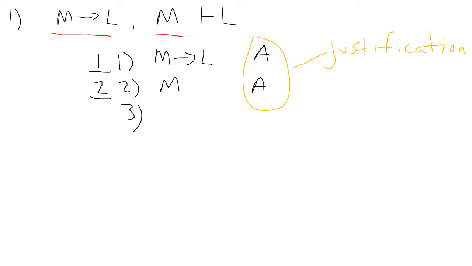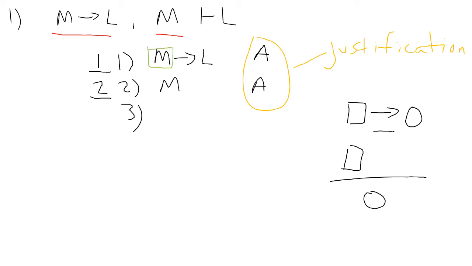Now, this is a quick proof because if you remember our rule for arrow out, it says that if we have a conditional statement, something with an arrow, as our main operator, and we have the left side of it, then we can go ahead and derive the right side. So I have a conditional statement here. I have its antecedent, or its left side there.